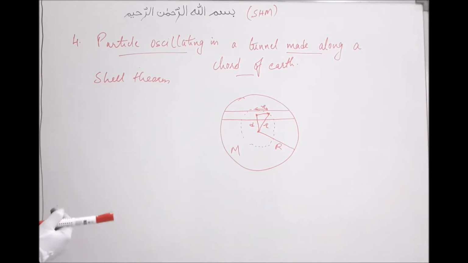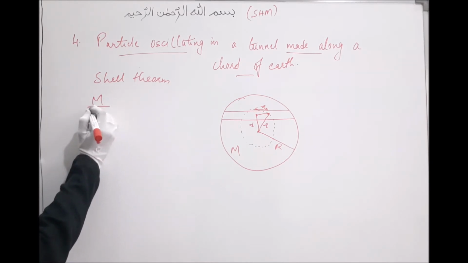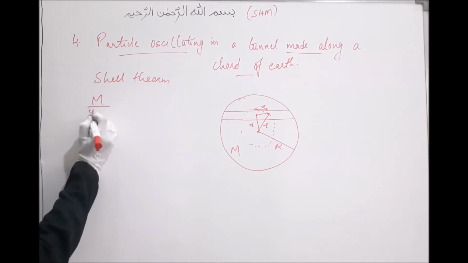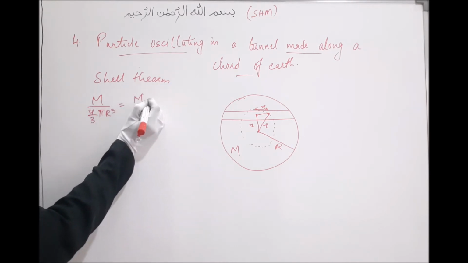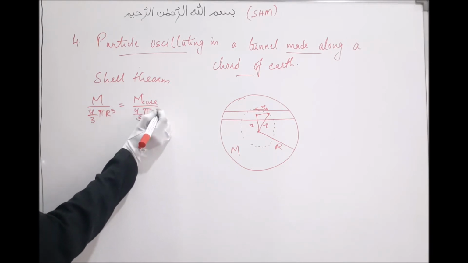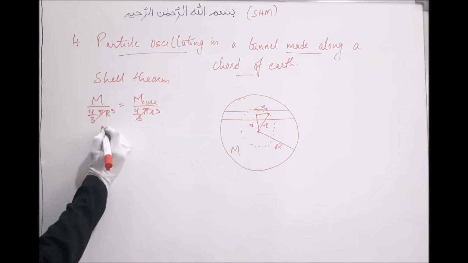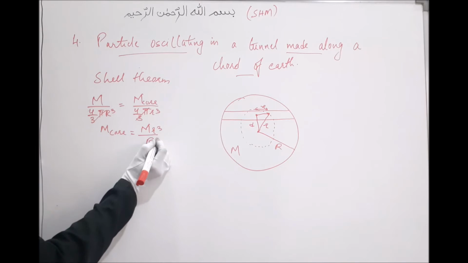Since we are treating the earth as a uniform sphere, we can write the density as the total mass over the total volume, 4/3 pi R cubed, equal to the mass of the core divided by the volume of the core, 4/3 pi r cubed. This cancels, and we can write the mass of the core as capital M small r cubed divided by capital R cubed.